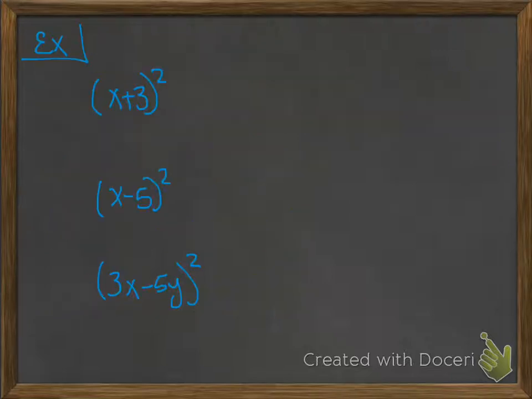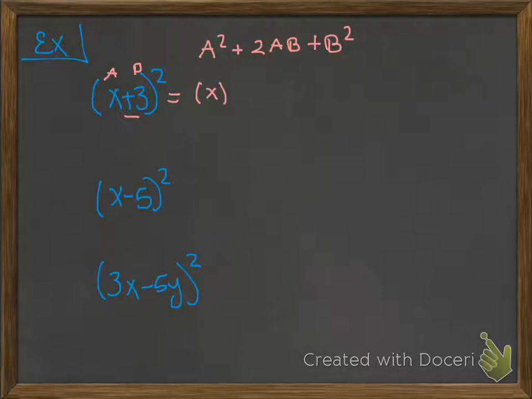Alright, so let's put this to use. So in this case, it's a plus here, so I'm going to use that formula a squared plus 2ab plus b squared. So my a is the x, my b is the 3.